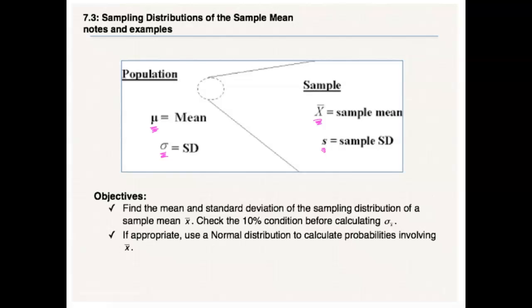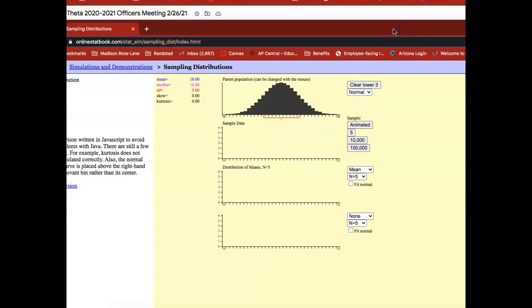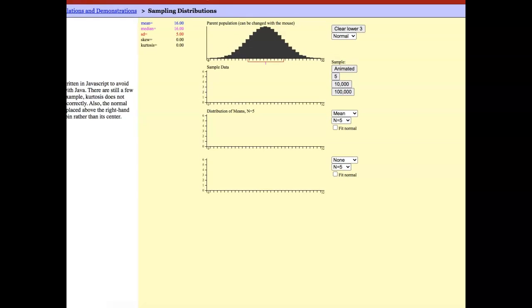So how do the sampling distributions work for a mean and a standard deviation? Let me share that with you here in a little applet.